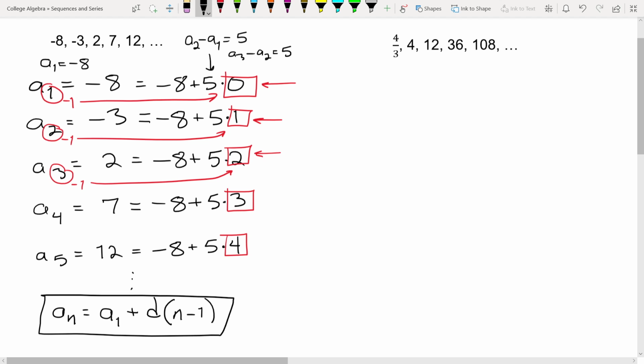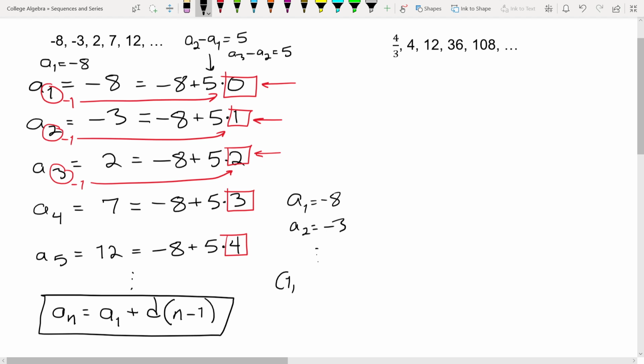Okay, let's look at this a little bit more and try to figure out if there is something more special about this. And there is. I'm going to take all of these terms, so A1 equals -8, A2 equals -3, and think of them as coordinate pairs.